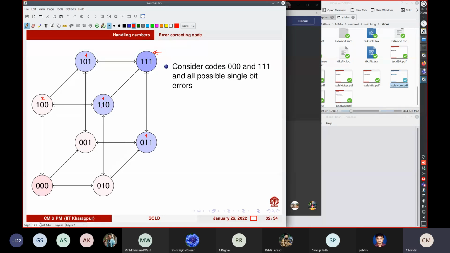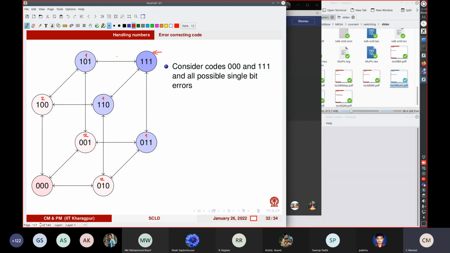From here it could be this. If you allow errors of 2 bits, you have 3 more points over here which are in error.